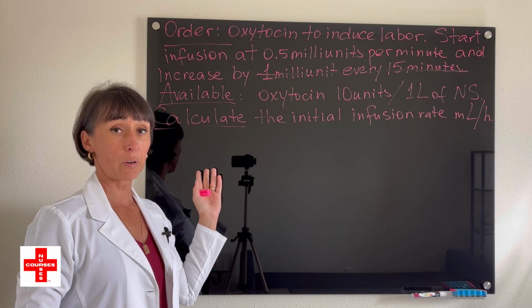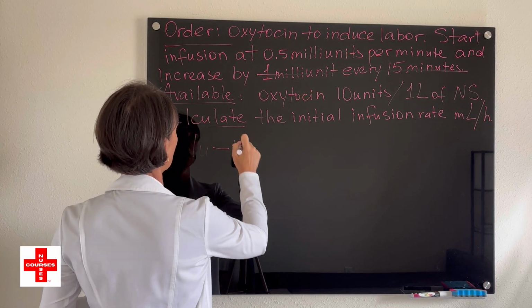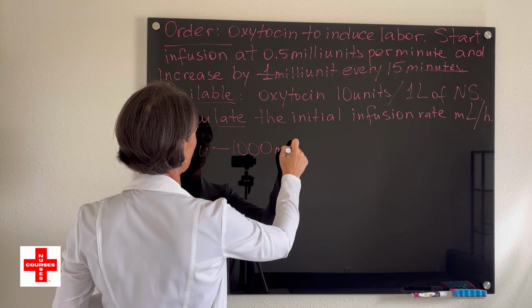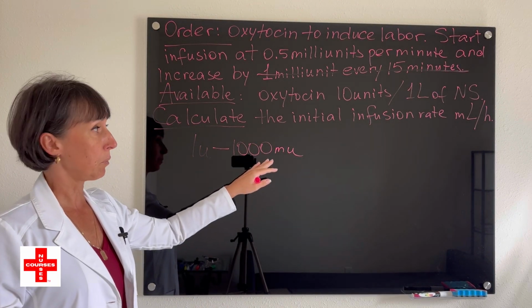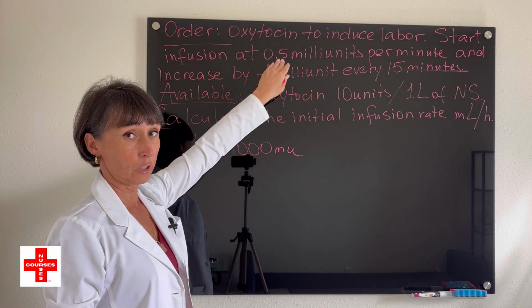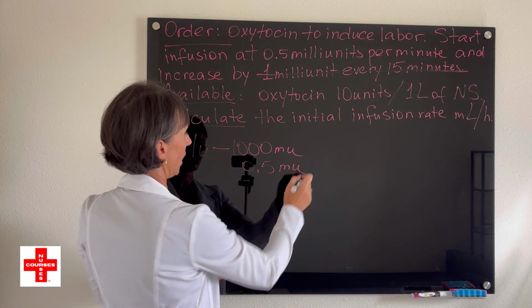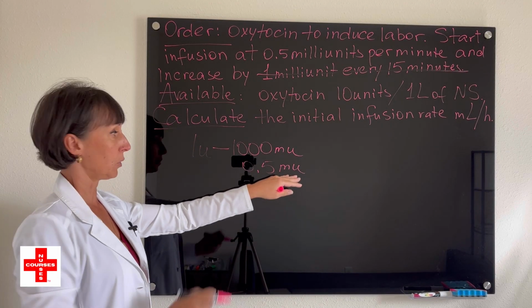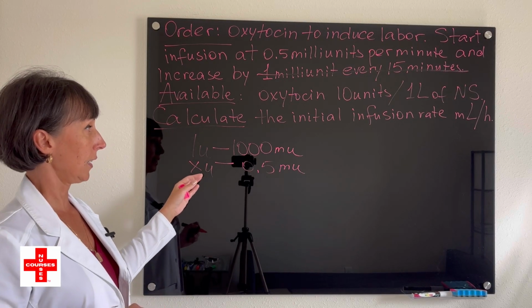So let's start by writing that. One unit is 1,000 milliunits. I have to administer 0.5 milliunits. I'm putting my milliunits under milliunits. How many units is that?